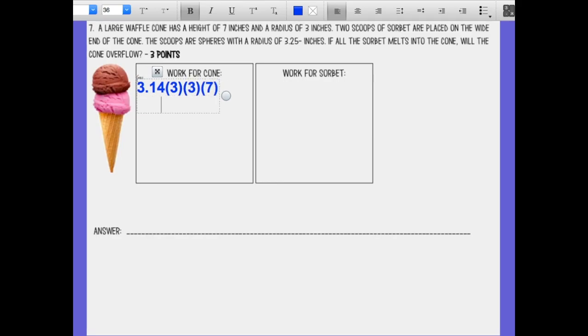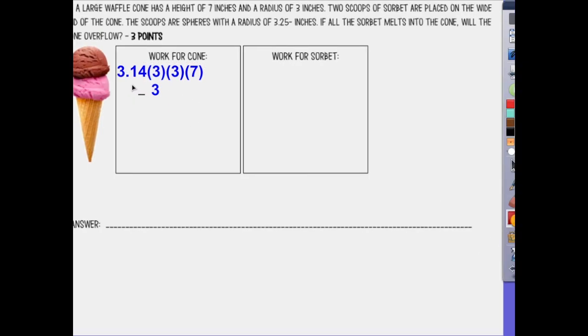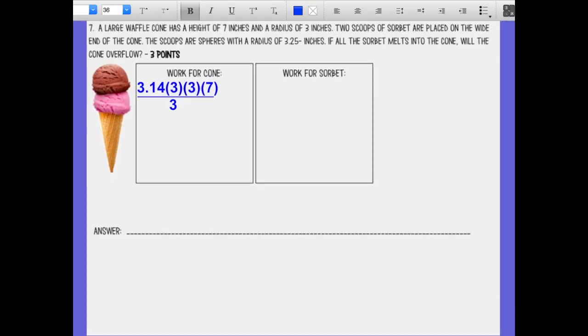But remember, for a cone, we have to divide by 3 also. So we're going to make sure to do that. So go ahead and type that in. And it looks like I'm getting 65.94, and that's in inches, so inches cubed.